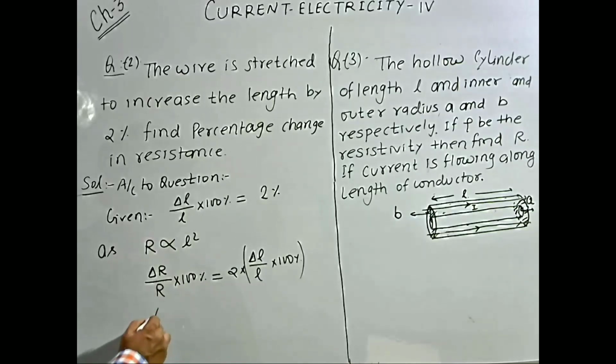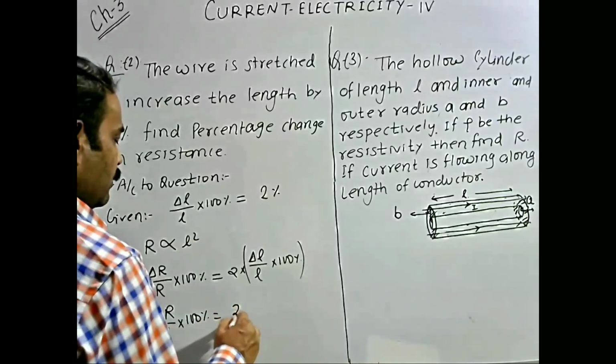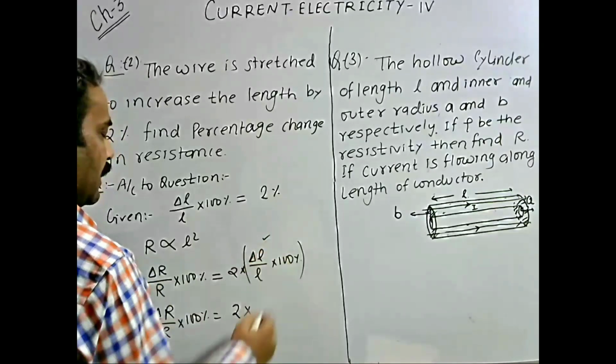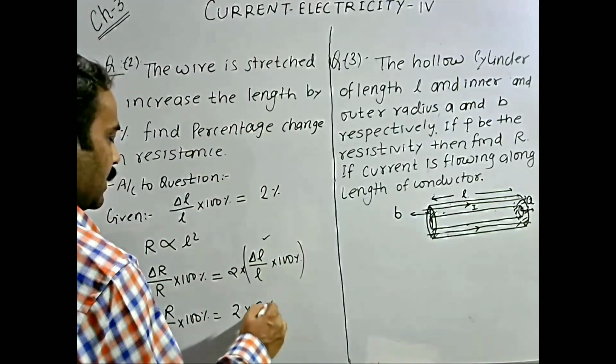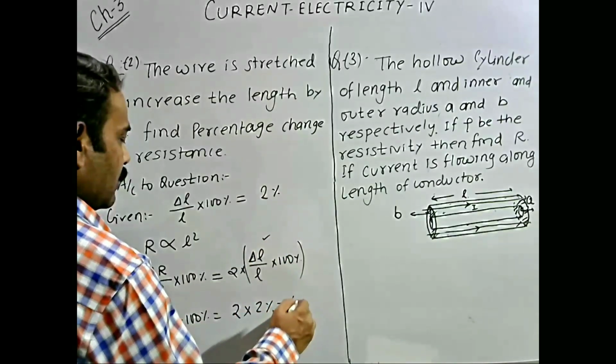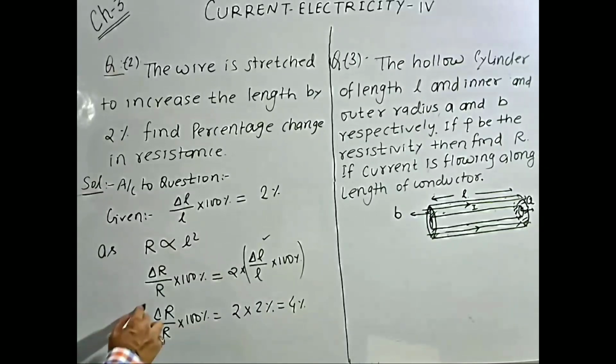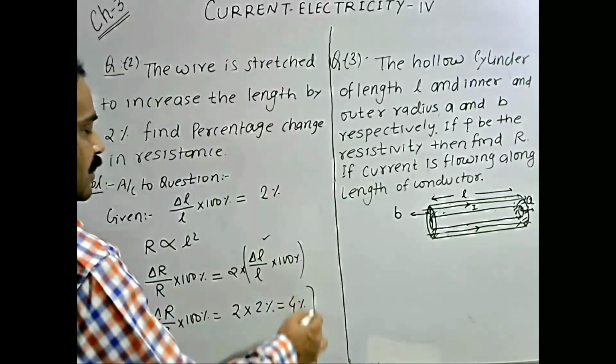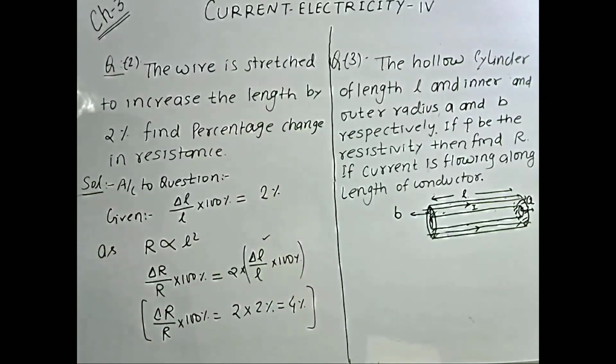Del R upon R into 100% is equal to 2 into del L upon L, which is 2%, so this is 4%. Understand? The percentage change in resistance in this case is equal to 4%.